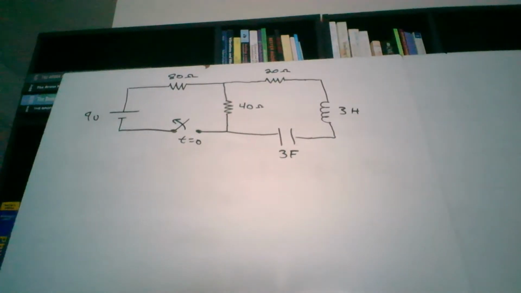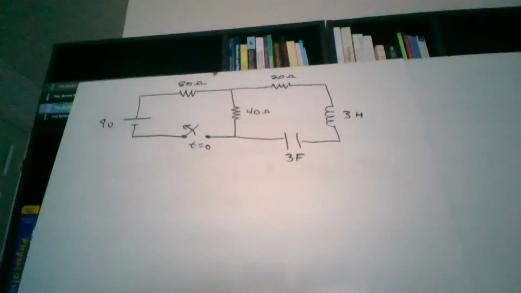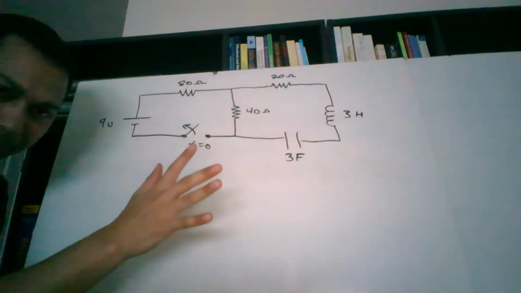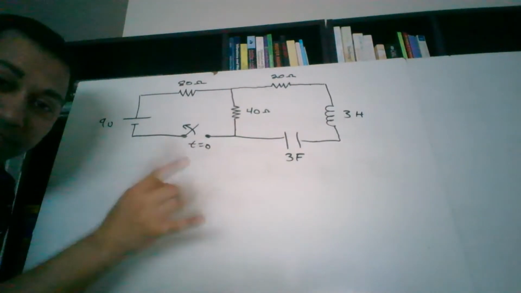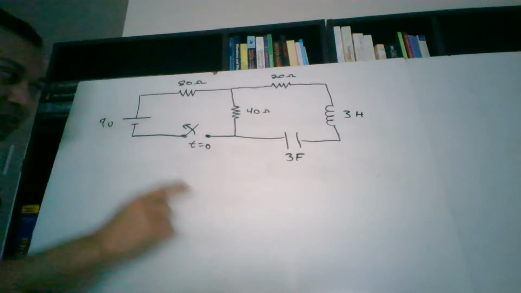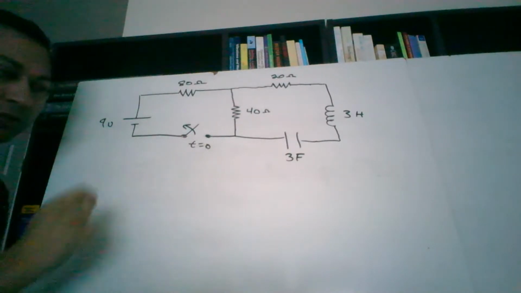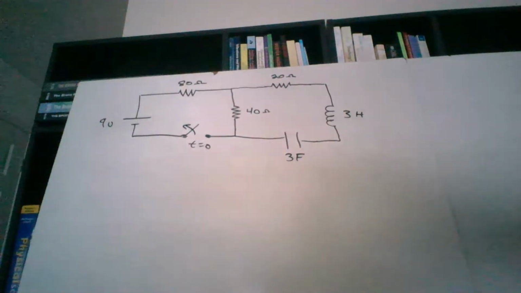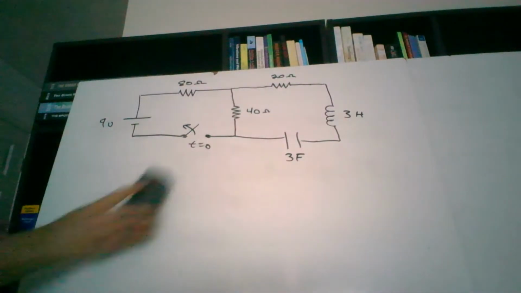Okay, so for this problem, I hope you're following along with what's happening here. Before time equals 0, this switch is closed. This was what was happening in the beginning.